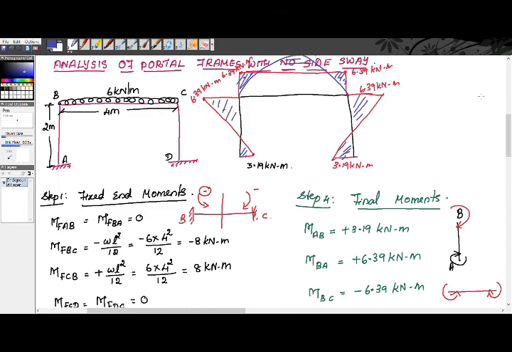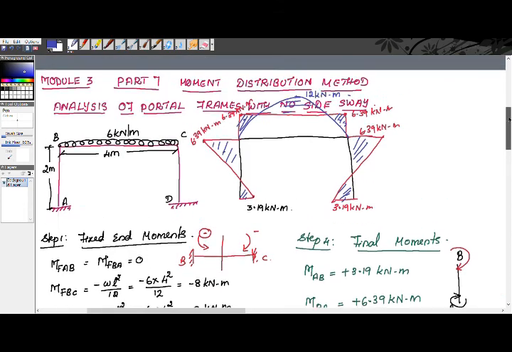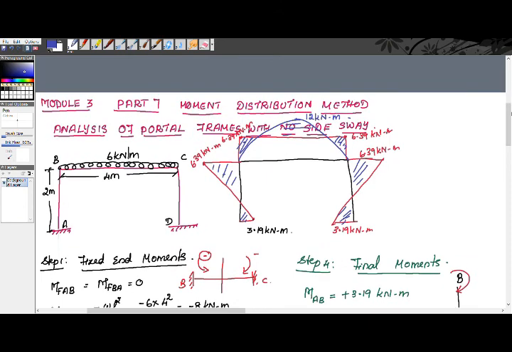Now we will draw the deflection diagram. So how will we draw the deflection diagram? From this point, here there is a point of contraflexion. Here we have a point of contraflexion, here we have a point of contraflexion, and here we have a point of contraflexion.